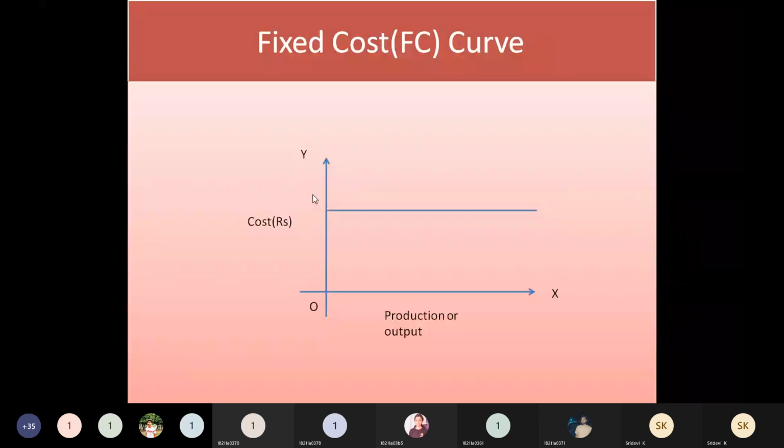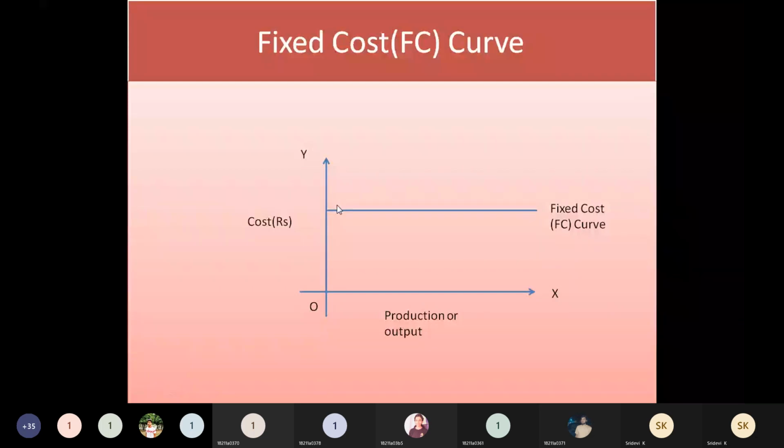And the fixed cost curve will flow like this, parallel to the x-axis, from left to right in a straight line, because there is no change. Even if you produce 10,000 units, 1 lakh units during that period, or 2 lakhs or 10 lakhs, the rent you are going to pay will be the same, right?